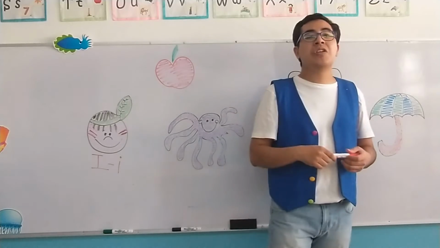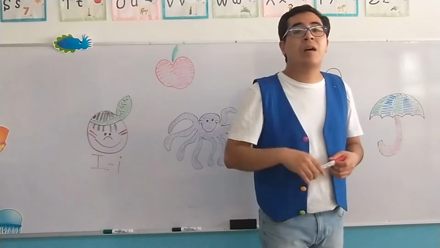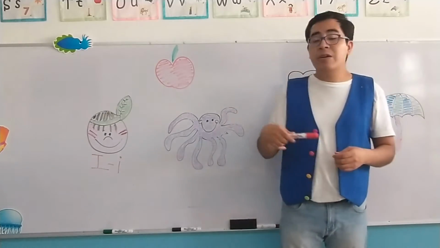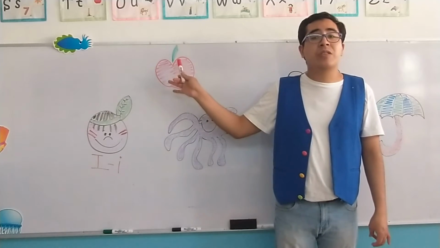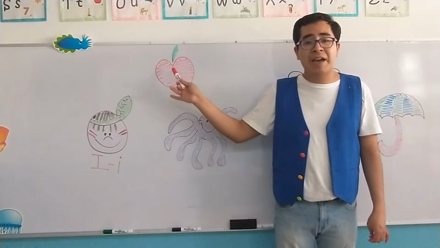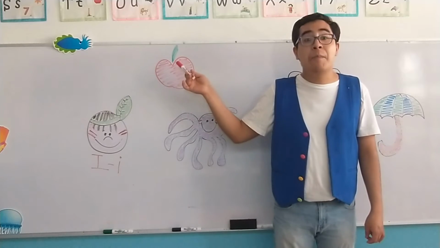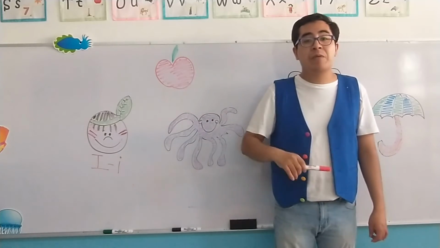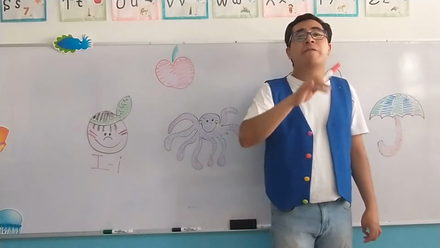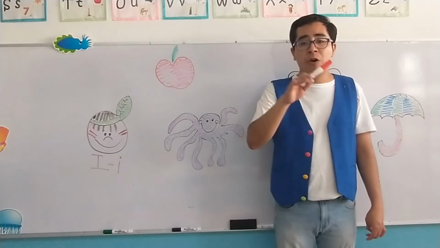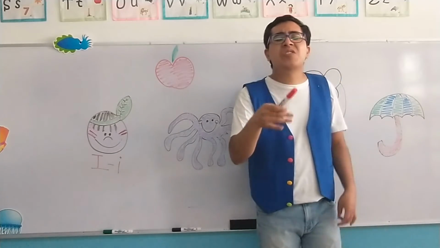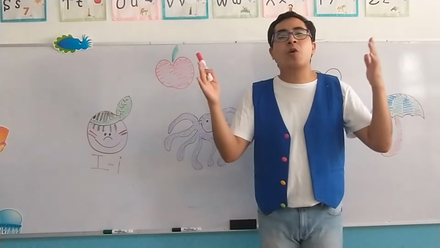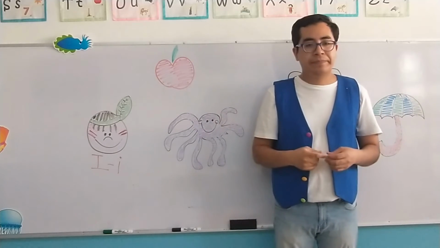Okay, let's continue with the second object. The second object appears right here on top of it, en la parte de arriba, and we have an apple, a delicious apple which is part of the family of the fruits. Now, the word apple begins with what letter? ¿Con qué letra empezaba apple?